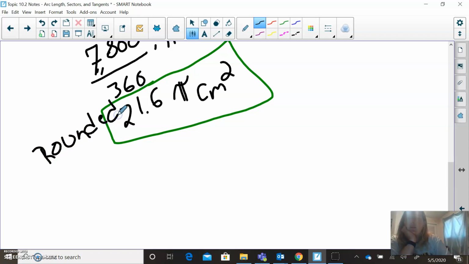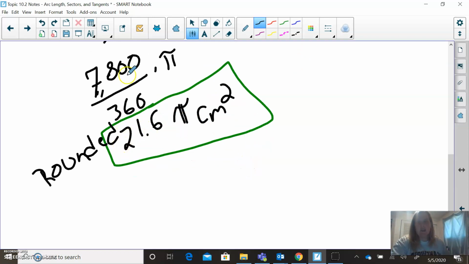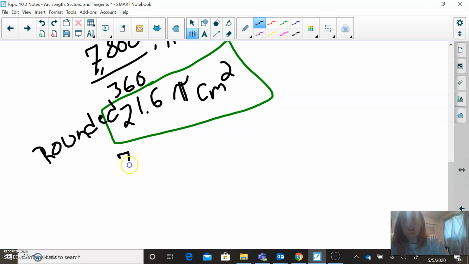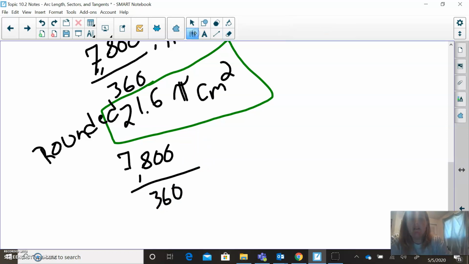Let's say that the book or a question specifically asks for the exact answer. Then we can't just divide 7,800 by 360. We actually need to simplify the fraction. So let's do 7,800 divided by 360, and we can write the pi on the outside.